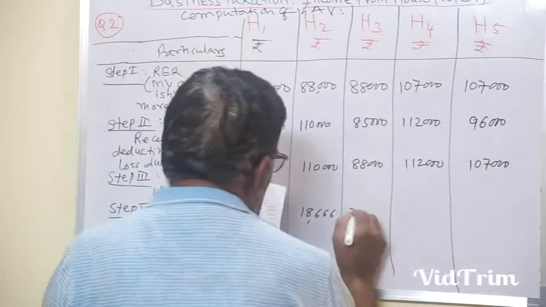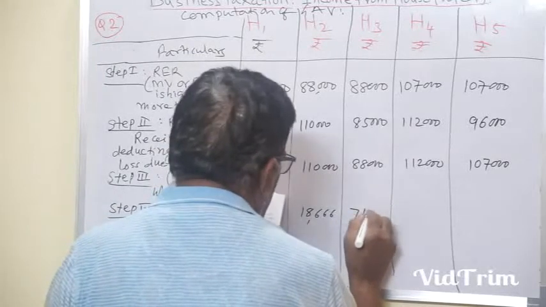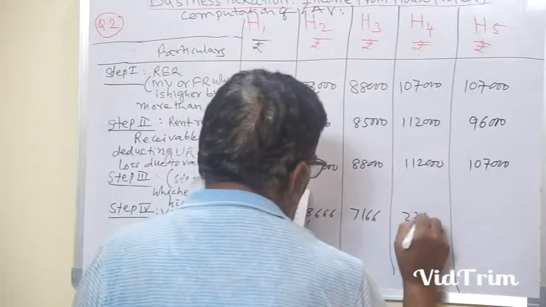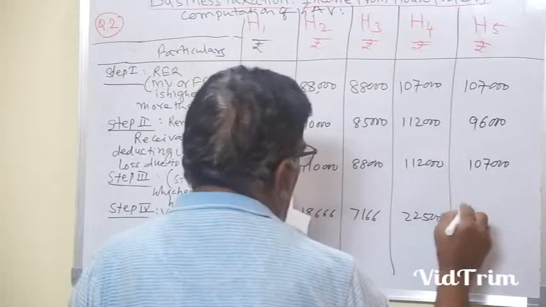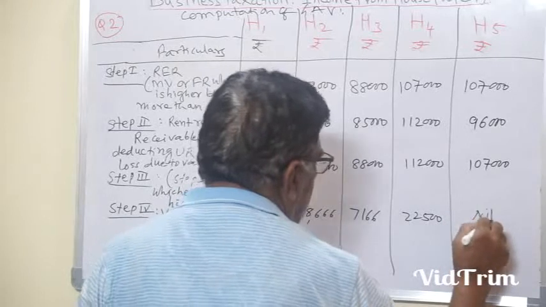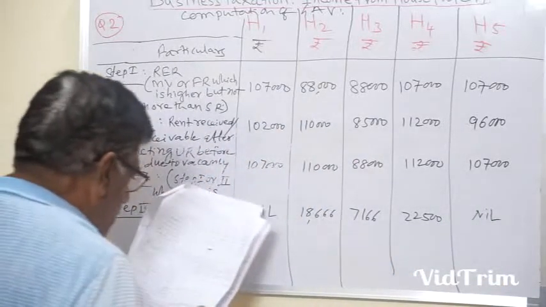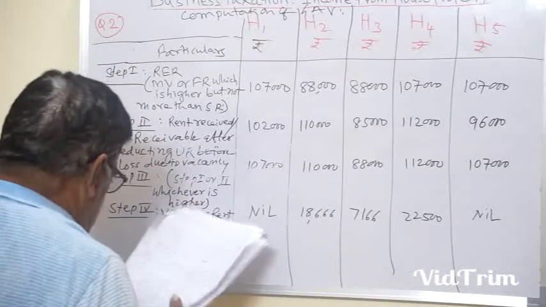Then 7,166, I am getting. Then 22,500. And here the vacancy period is nil, that's why there is no calculation at all. So these figures are there.